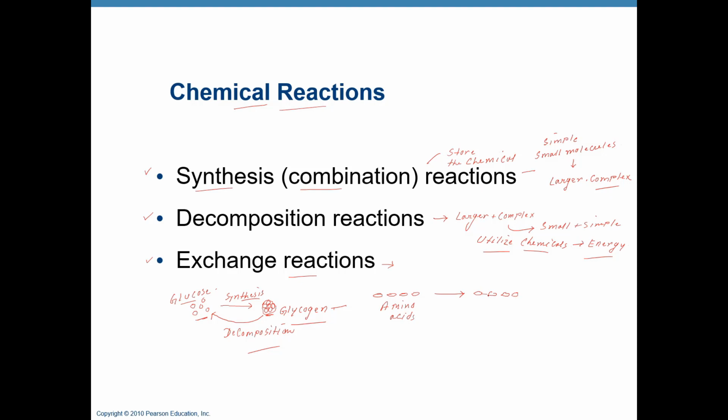How do they join to each other? By peptide bonds. So this is one molecule of protein. It has a number of amino acids. So this is a synthesis from small amino acids. One large protein molecule is formed.